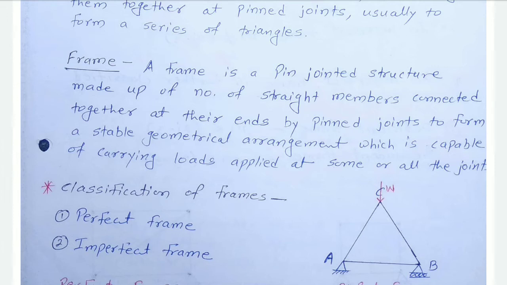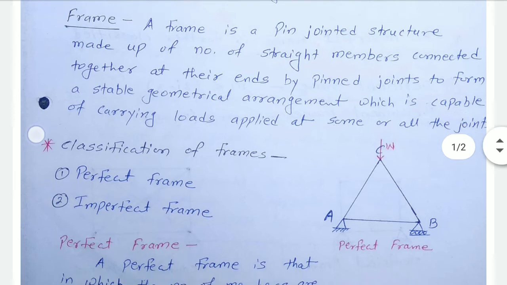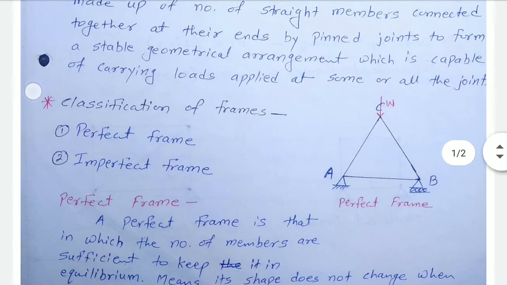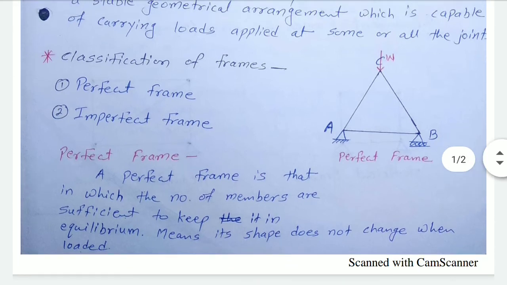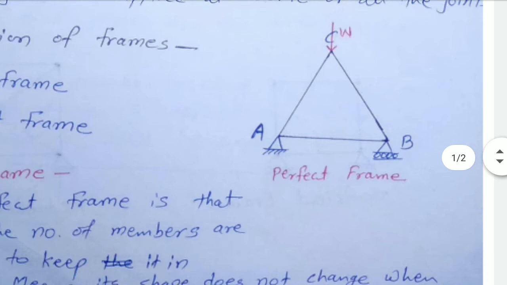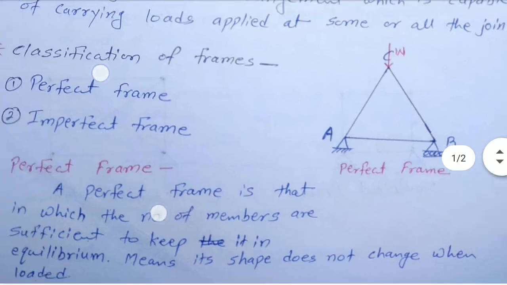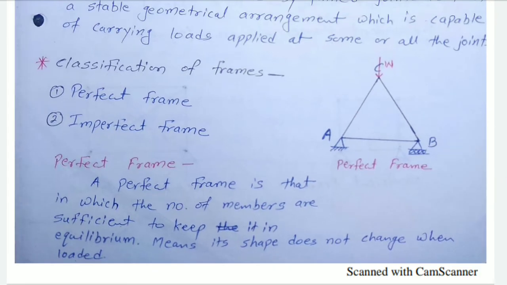So we will see the classification of these frames. The classification of frames is number one, the perfect frame, and number two, the imperfect frame. The perfect frame figure we can see here. The perfect frame is given as ABC. One is a rigid joint, one is a roller joint, and it has the load W. So which is a perfect frame?